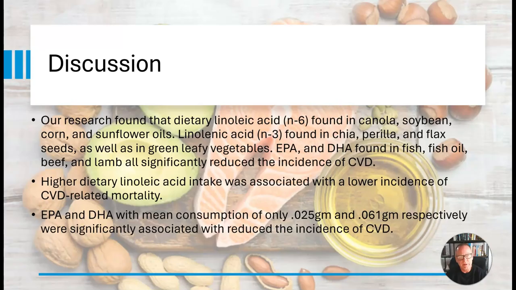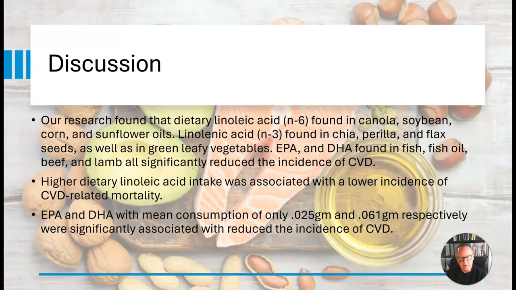Our research found that dietary linoleic acid, which is omega-6, found in canola, soybean, corn, and sunflower oil; linolenic acid, which is an omega-3, found in chia, perilla, and flax seeds, as well as green leafy vegetables; EPA and DHA, found in fish, fish oil, beef, and lamb, all significantly reduce the incidence of cardiovascular disease.